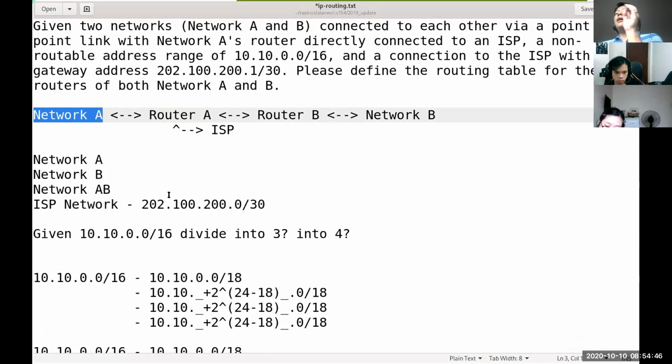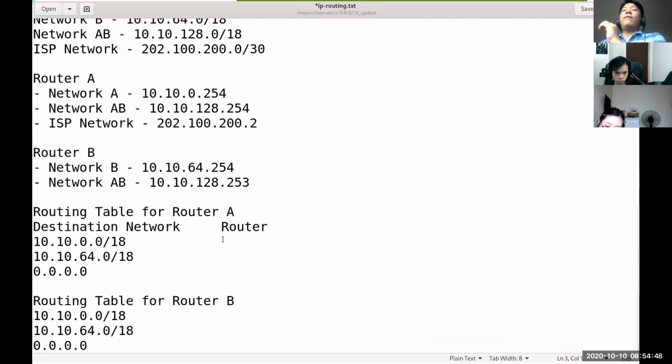Since router A belongs to network A, the convention is I put my own IP address. So what is router A's IP address in network A? That's this one. So this tells me that I'm connected to that network. So I don't need to send it to another router. I'm already in that network.